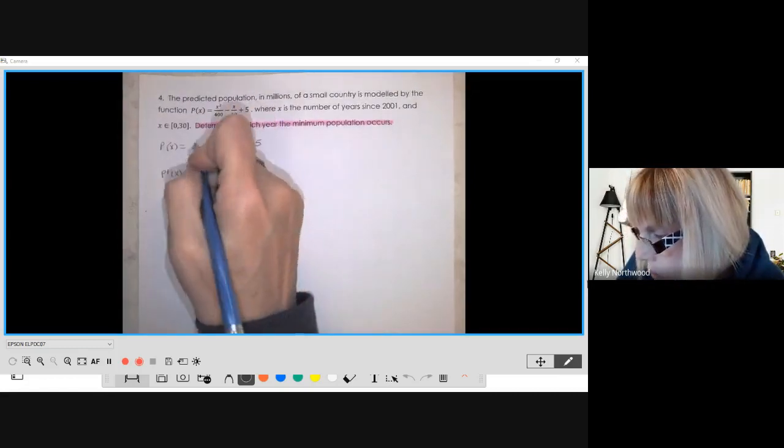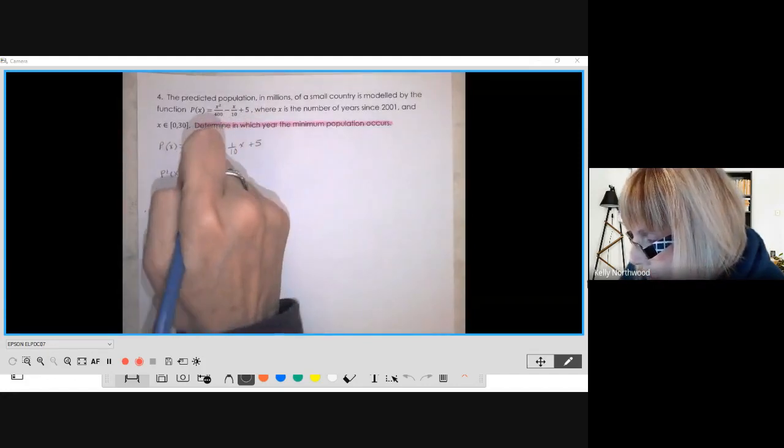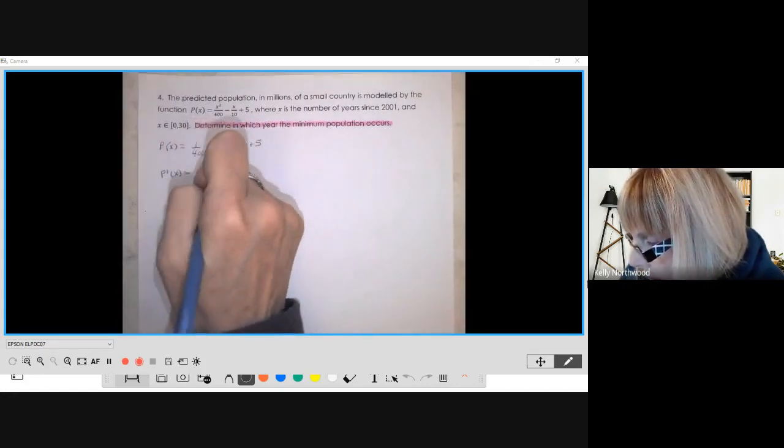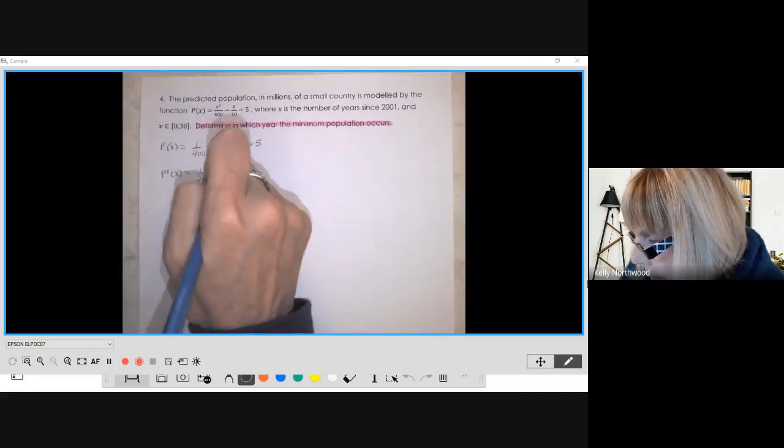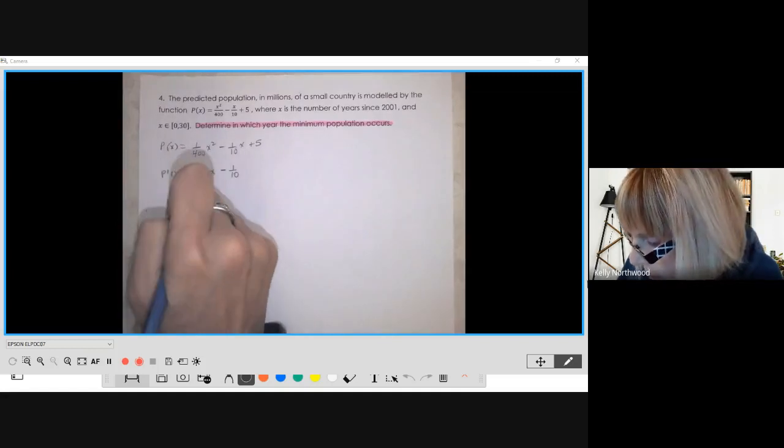So that's going to be 2 times 1/400th, which is 2/400ths, which is 1/200th X minus 1/10. And then we want to set it equal to 0.